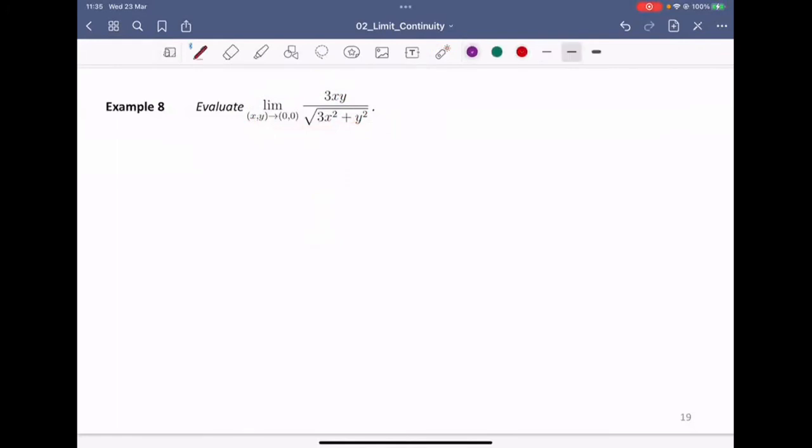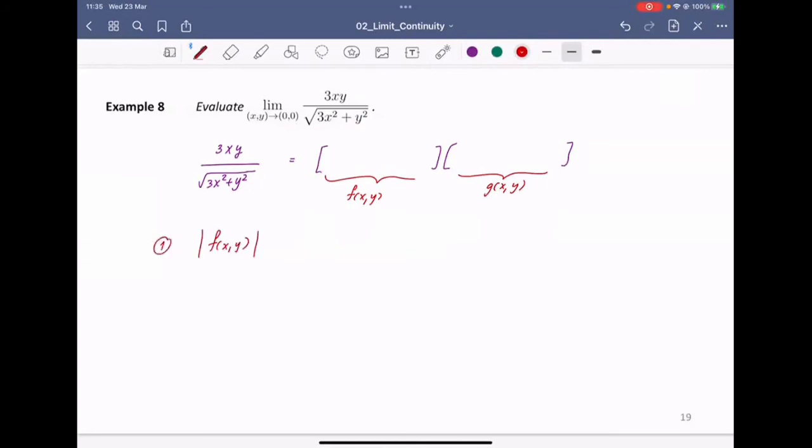Okay, all right, so let's do this. I have 3xy over square root 3x squared plus y squared. What should I do? I need to split this into f and g. Same technique, right? What I need is that my function f, when I bound it, gives some number that bounds it. That is what I want.